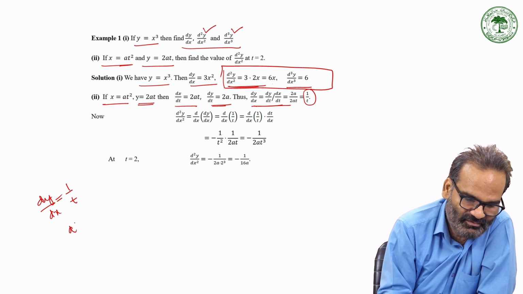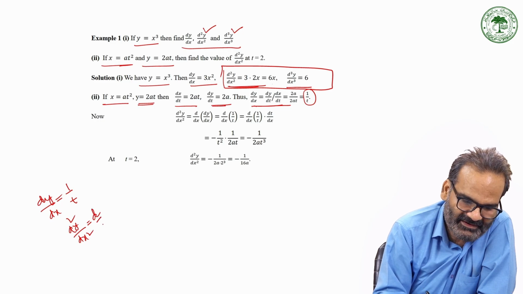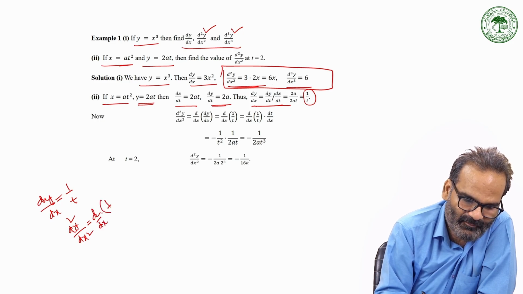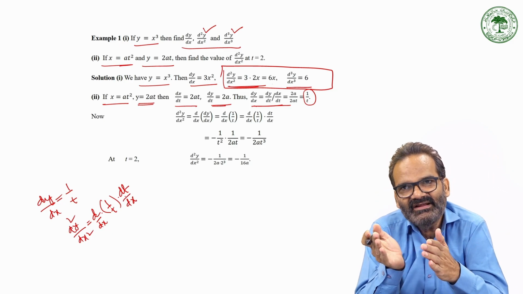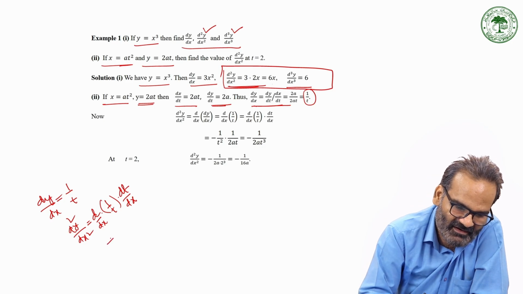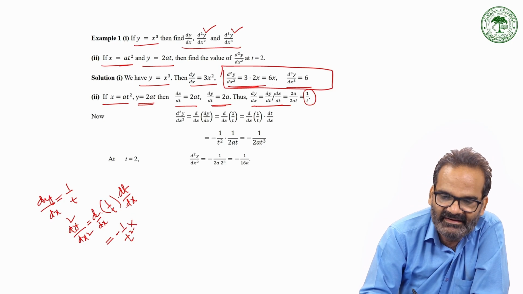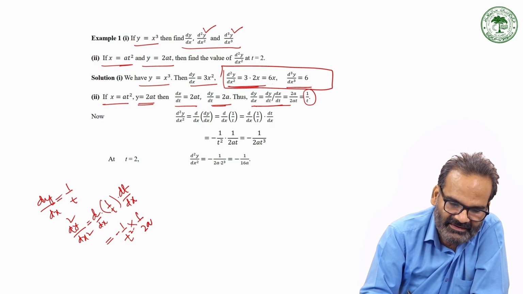So to find d2y over dx2, what will we get? d over dx of 1 upon t, into dt over dx, because dy over dx is a function of t, it's not a function of x. So we will use this. The derivative of 1 upon t is minus 1 upon t square, and dt over dx is 1 upon 2at.